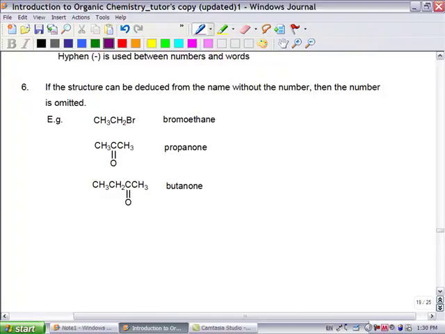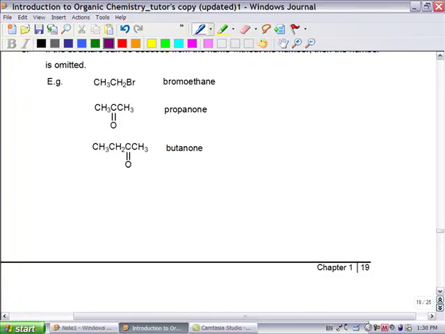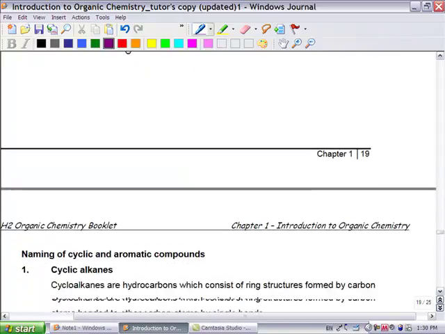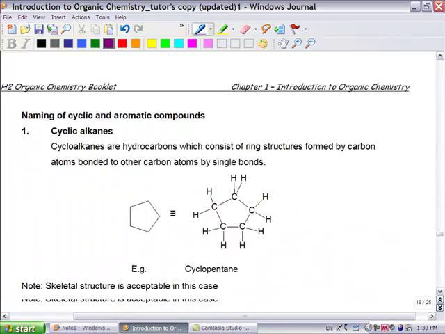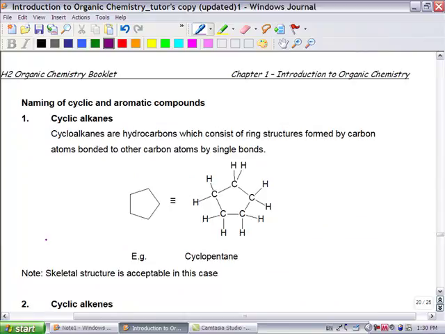Now let's take a look at the next one on naming cyclic and aromatic compounds. Cyclic alkanes are hydrocarbons which consist of ring structures formed by carbon atoms bonded to other carbon atoms by a single bond.